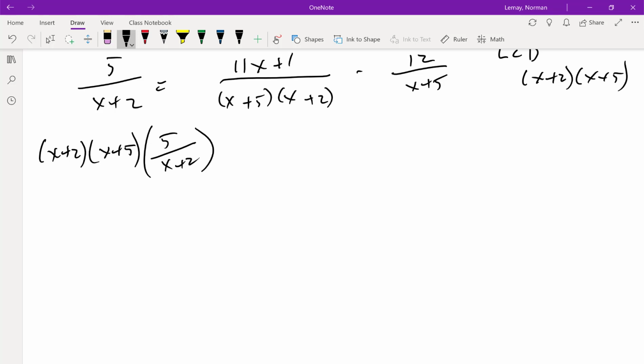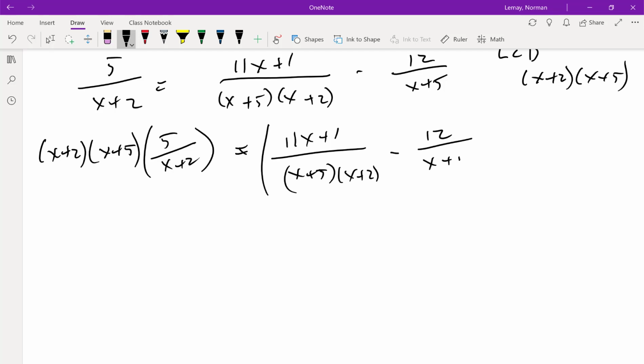So this takes care of the left side. Now we get 11x plus 1 over x plus 5 times x plus 2, minus 12 over x plus 5, all times x plus 2 times x plus 5. We can observe that the x plus 2's cancel. This leaves us on the left side x plus 5 times 5 equals.